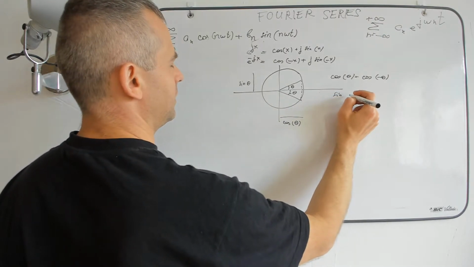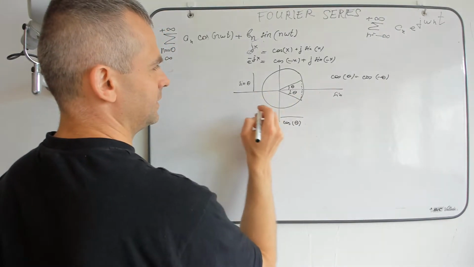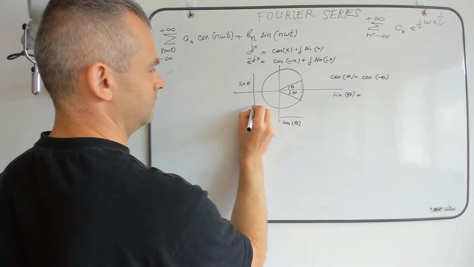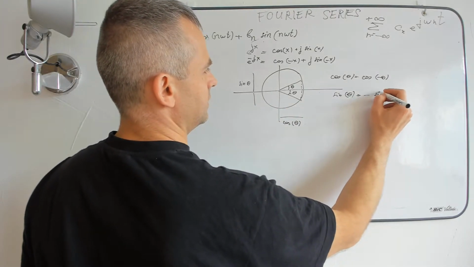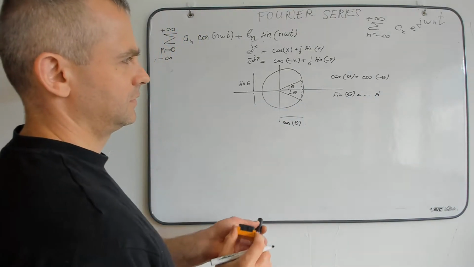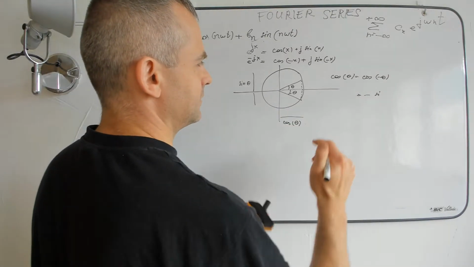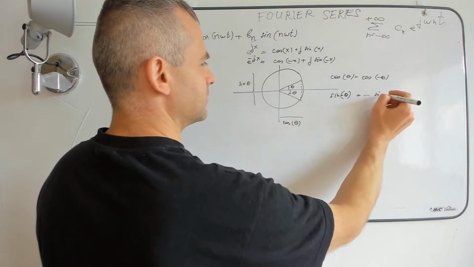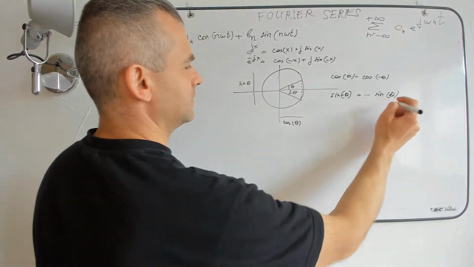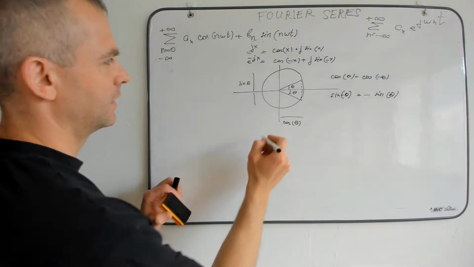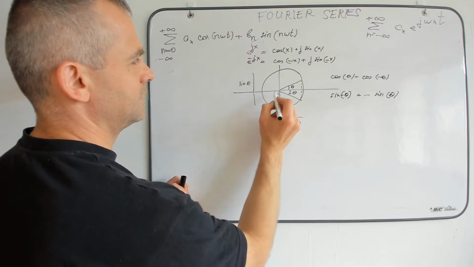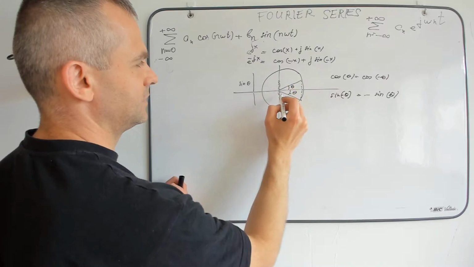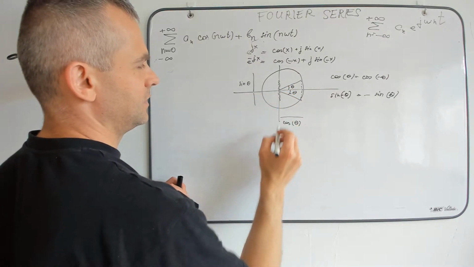The sinus of theta is equal to minus sinus of minus theta, so sinus of minus theta is equal to minus sinus of theta.